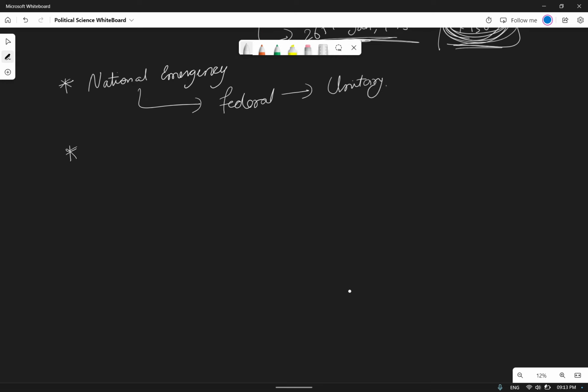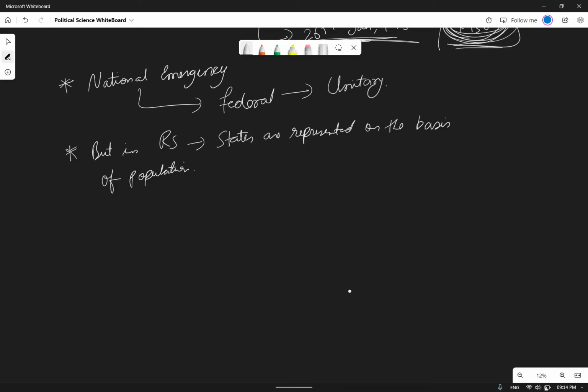Okay, in a federation, each state should get equal representation irrespective of their size or population in the federal government. But in the Rajya Sabha in India, states are represented on the basis of population.